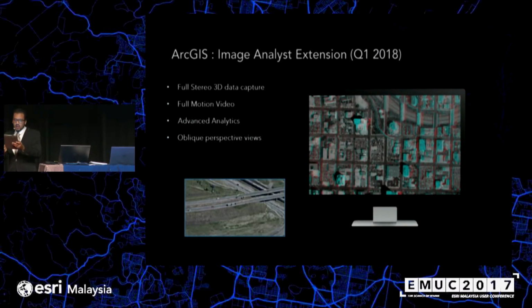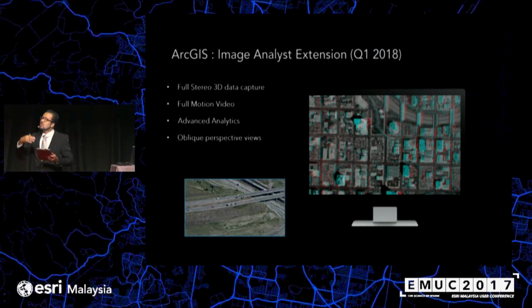So what we will do in imagery products in future: we have a lot of requests from users to digitize features in stereo mode using shutter glasses. For that purpose, Esri is going to produce a product able to capture features in stereo, so that a user can view images in anaglyph format, as you can see now on the screen.